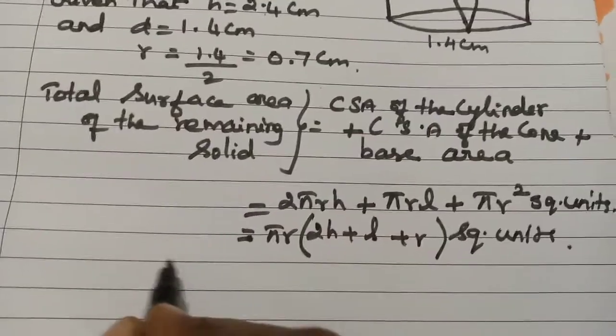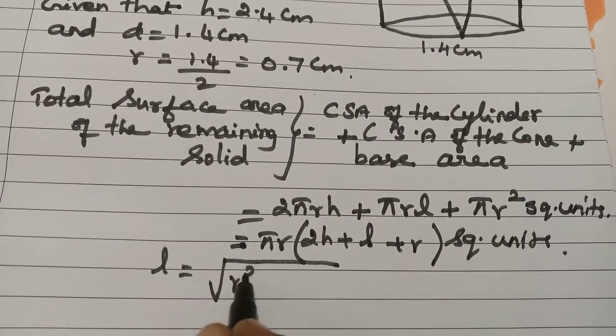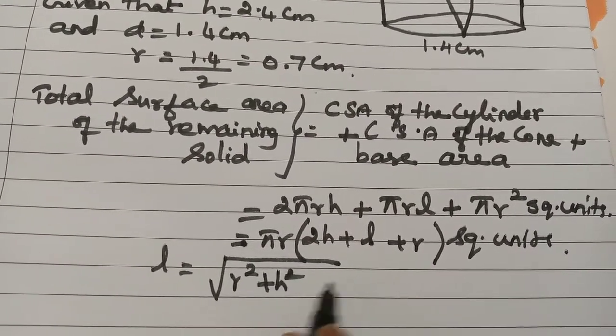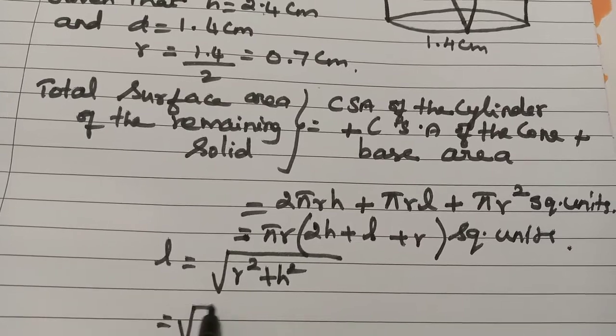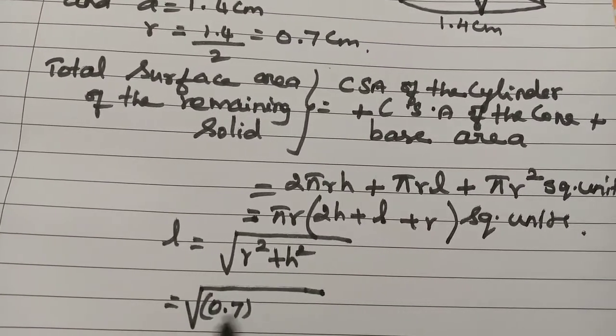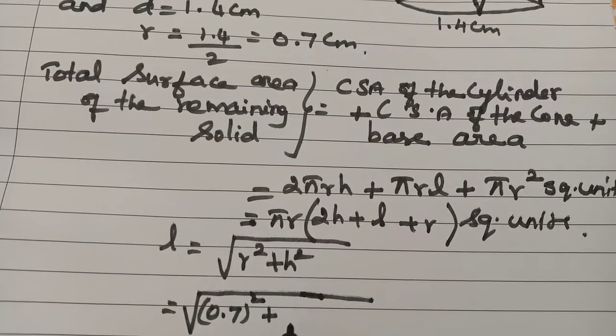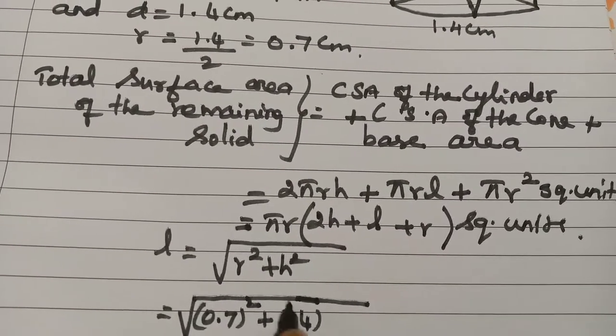So what is the L formula? L is equal to square root of R square plus H square, which is equal to square root of... what is R? 0.7. So 0.7 the whole square plus, what is H? 2.4. So 2.4 the whole square.